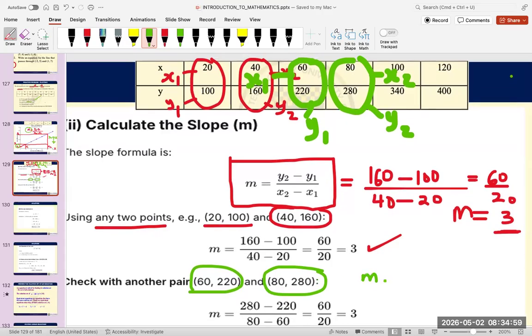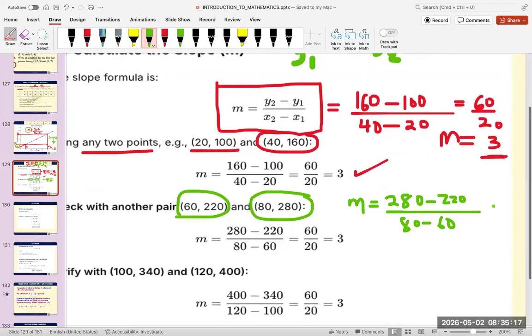So M will be written as 280 minus 220, divided by 80 minus 60. If you work this out, you get the same 3, same answer.